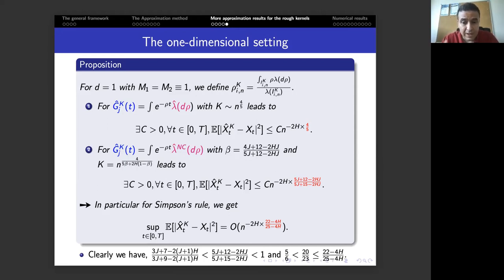In the worst case, since h belongs to (0, 1/2), the worst value for this rate is 20 over 23, which is still better than the rate we recovered by the Simpson rule. Of course, this is due to this particular choice of the weights on the first truncation interval between 0 and k to the power beta. So this is the first trick, and it applies in the simple one-dimensional setting.